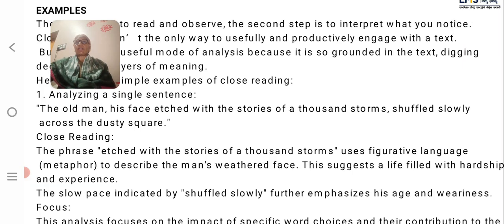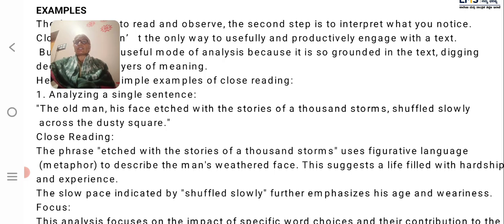So once you read the line, how do you do close reading? If you can identify the phrase, etched with the stories of 1,000 storms, you can identify the metaphor. This phrase describes the man's weathered face.